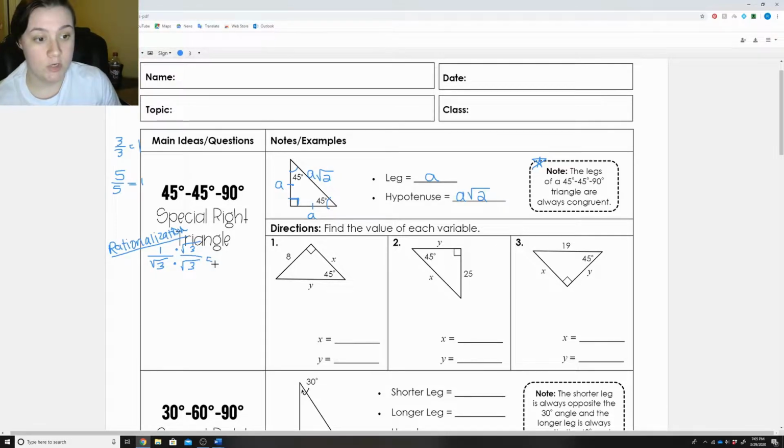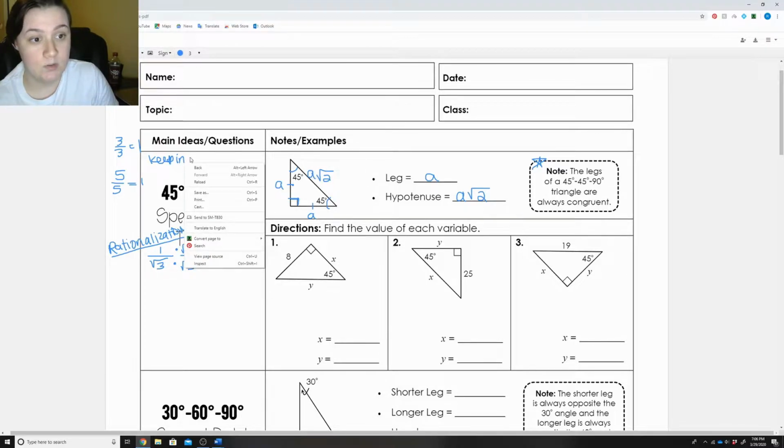When you're dealing with square roots, you keep the inside numbers together inside the square root, and you keep the outside numbers together outside the square root.